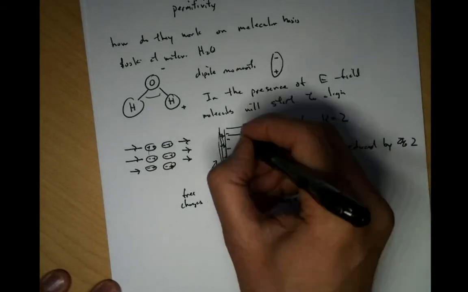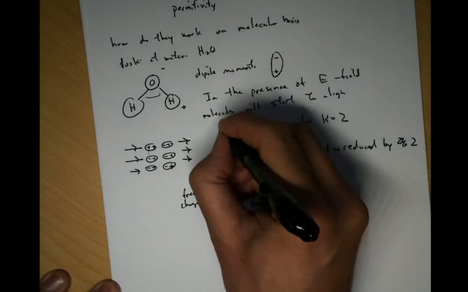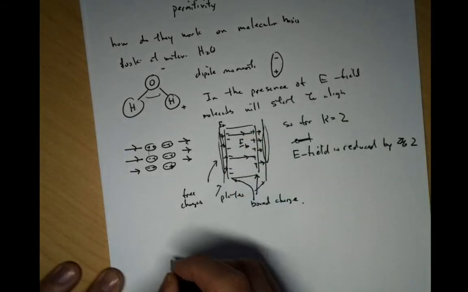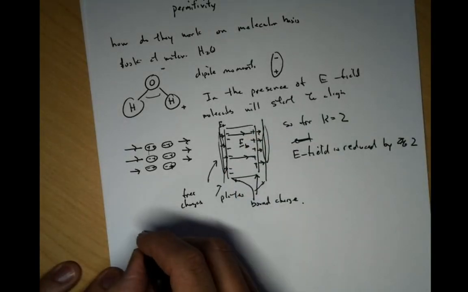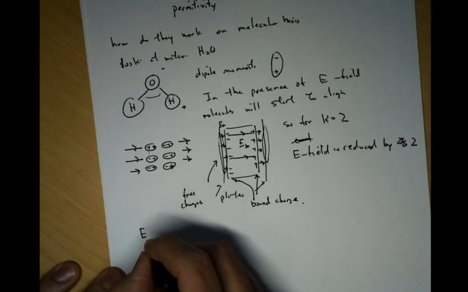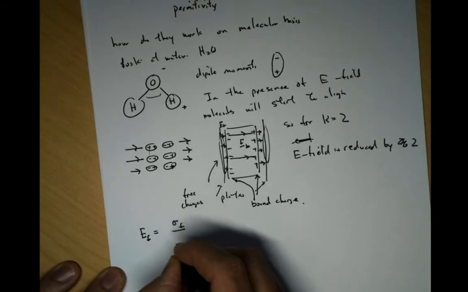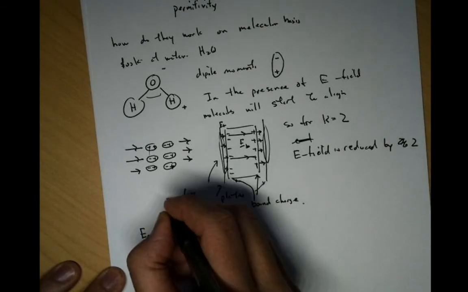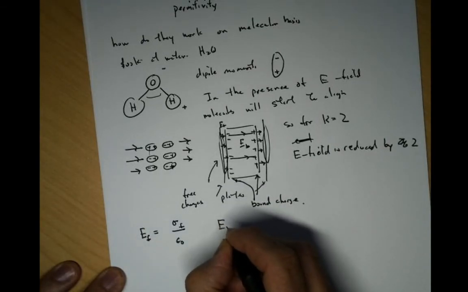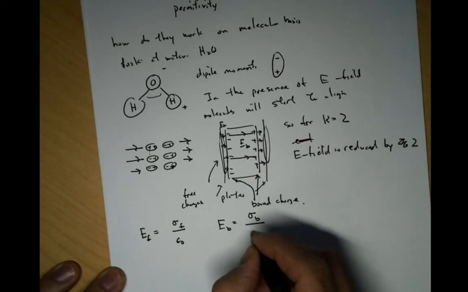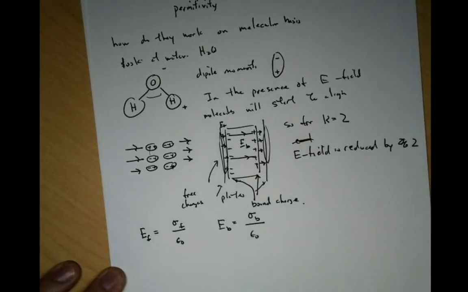So what that means is that there's an electric field out here, which is the free electric field, and an electric field inside the dielectric, which is the bound electric field, right? So the electric field of the free part, well, actually it's going to be sigma of the free part divided by epsilon 0, okay? And the electric field of the bound part, that's sigma of the bound part divided by epsilon 0, okay?